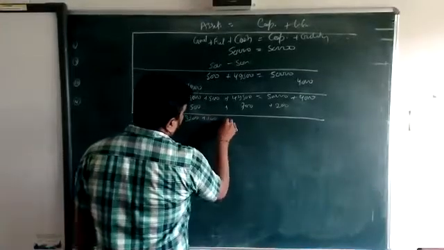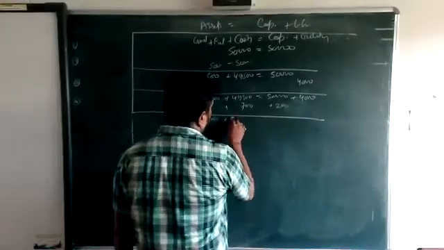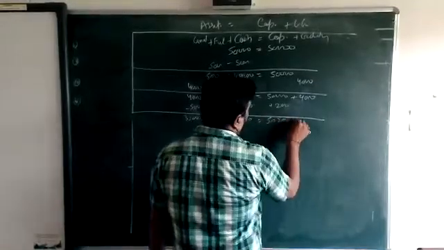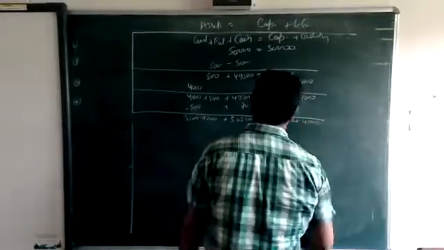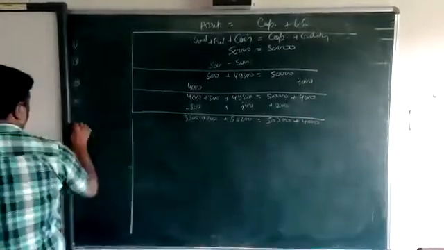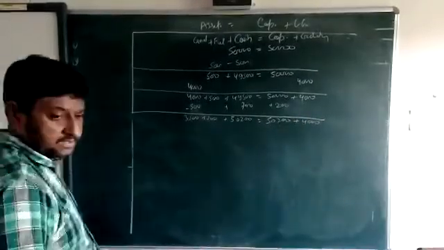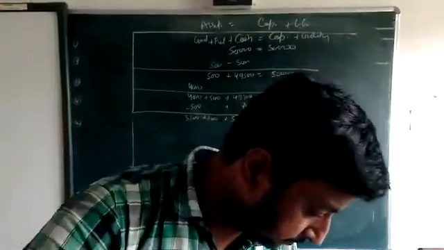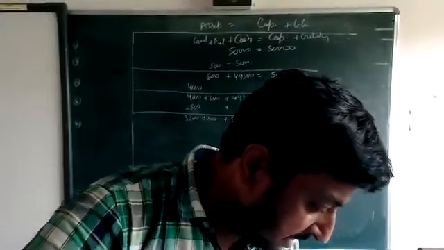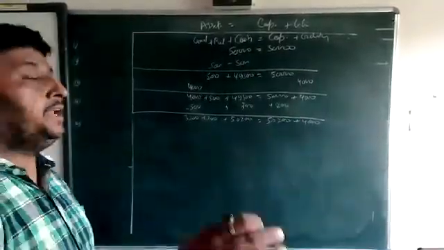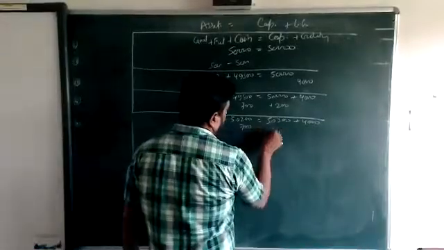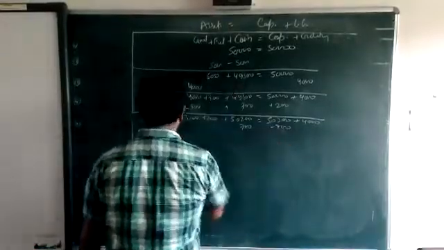3,500, 500, 50,200, 50,200, 4,000. Okay, beta. Now going for the 6. Just see the 6. Received rent. Any income will be added in cash and capital. 700, 700.